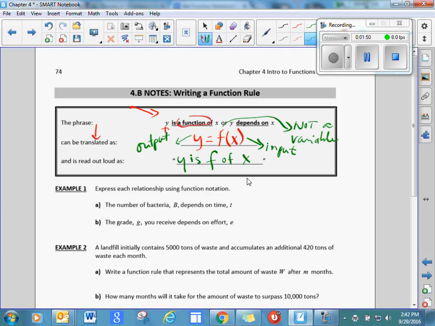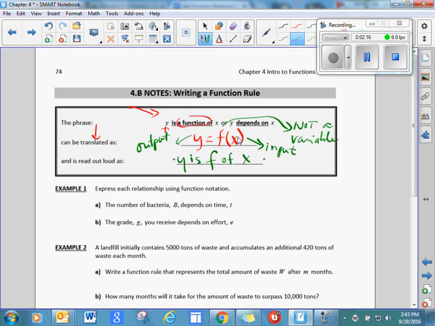Generally, when I talk about it, I'm not going to say y is a function of x, because mathematicians like shortness and symbols to stand for big long words. So I'm going to say f of x instead of is a function of x. Normally when you're just writing math equations that don't really have any real world significance, we use y and we use x for our variables.